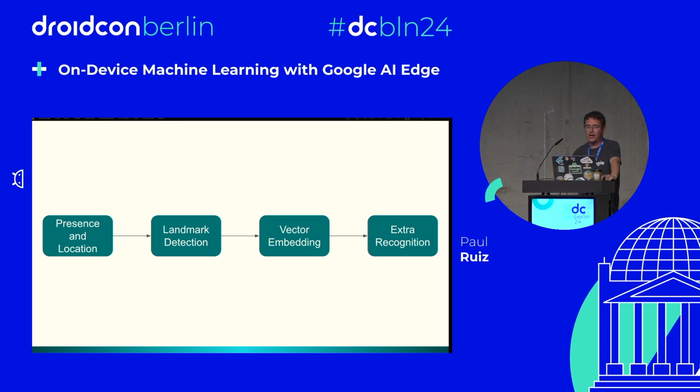If it doesn't find one, it exits the process and moves on to whatever it's going to do next, so you're not constantly checking other stuff after finding nothing. It'll just early exit. The next phase is going to attempt to detect those landmarks on the hand, which is what we saw in the previous slide. The third one is something called vector embedding, where it's checking for similarities. It's some machine learning concept stuff there. And the final one is going to do the actual recognition for those different gestures.